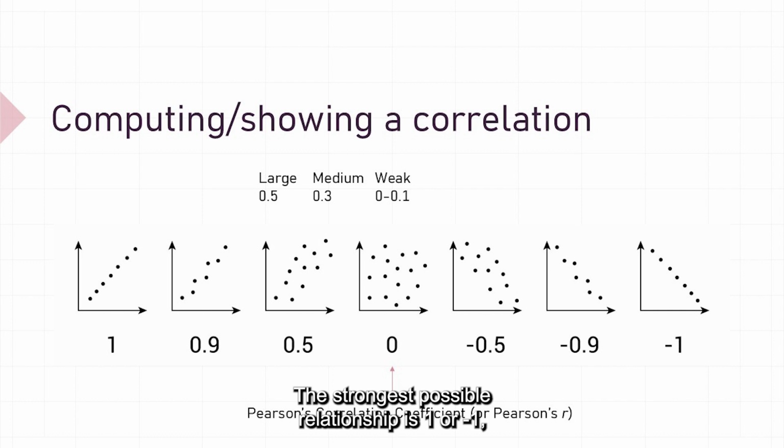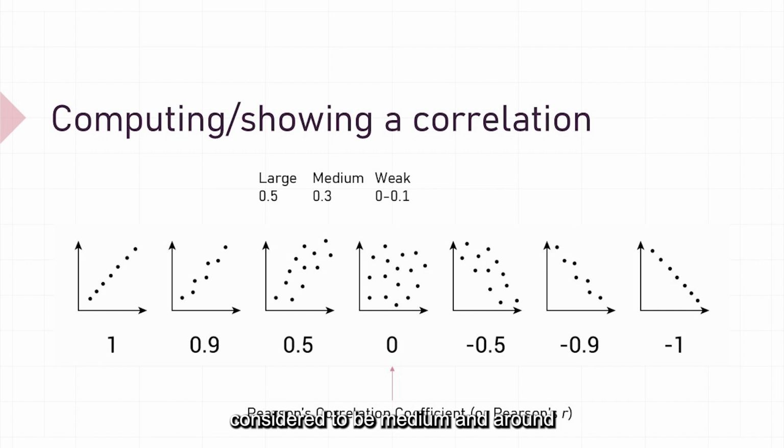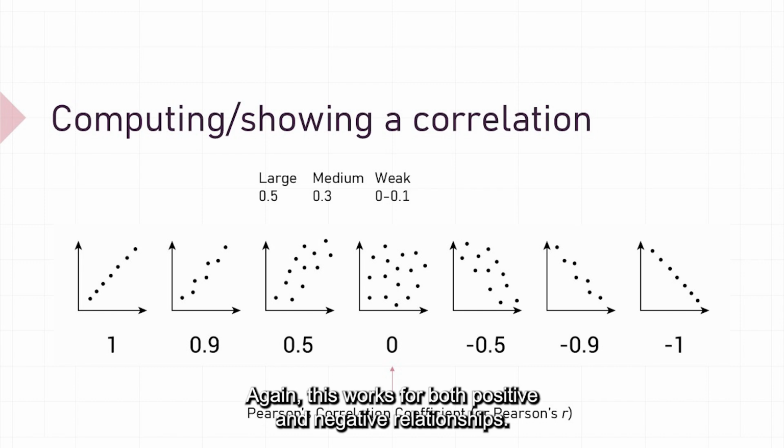The strongest possible relationship is 1, or -1 in the case of a negative relationship. Correlation coefficients near 0.5 are considered to be large, near 0.3 medium, and around 0.1 weak. Again, this works for both positive and negative relationships.